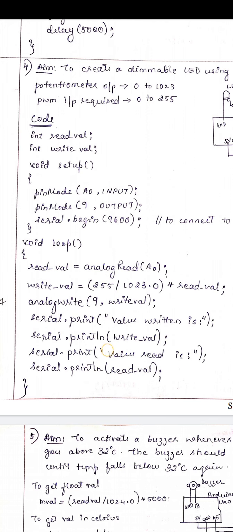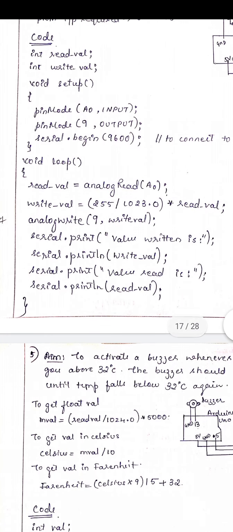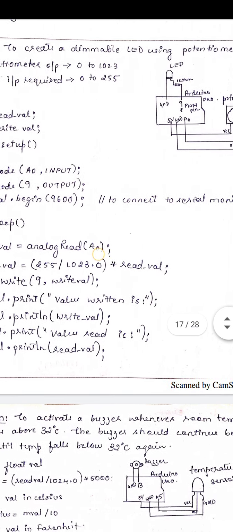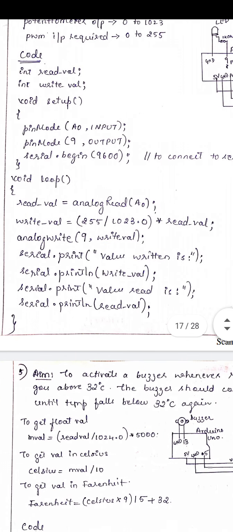So in the loop, first I will read the value from A0 using analogRead and store it in the read value. To write the value, I need to convert the value and then store it in the write value variable. Whatever is there in write value, I am writing to my pin using analogWrite. So I'm writing an analog value, but it is not actually analog, I'm writing it to a pulse width modulating pin.